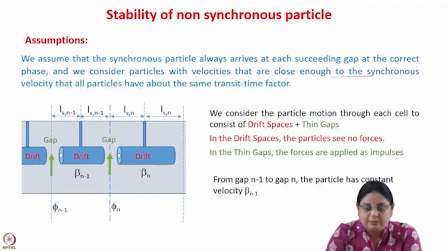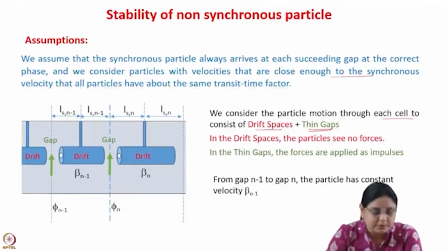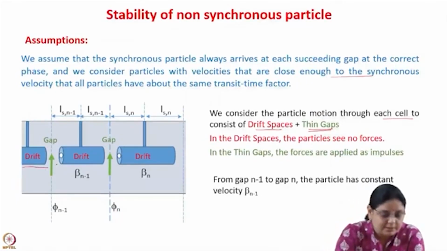So we assume that the velocities of the other particles are not too far off from that of the synchronous particle. Now we consider the particle motion through each cell to consist of drift spaces plus thin gaps. So this is the drift space, this is the thin gap, again this is the drift space. We assume that all the energy gain happens in the thin gap in this region, and the remaining region is the drift space.